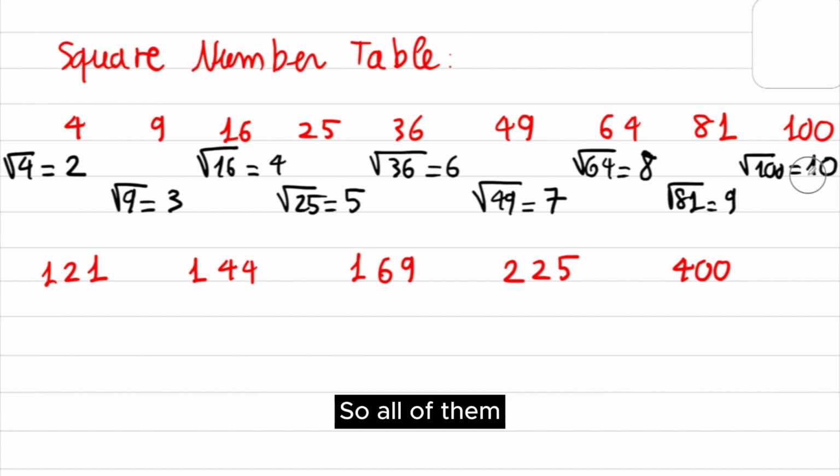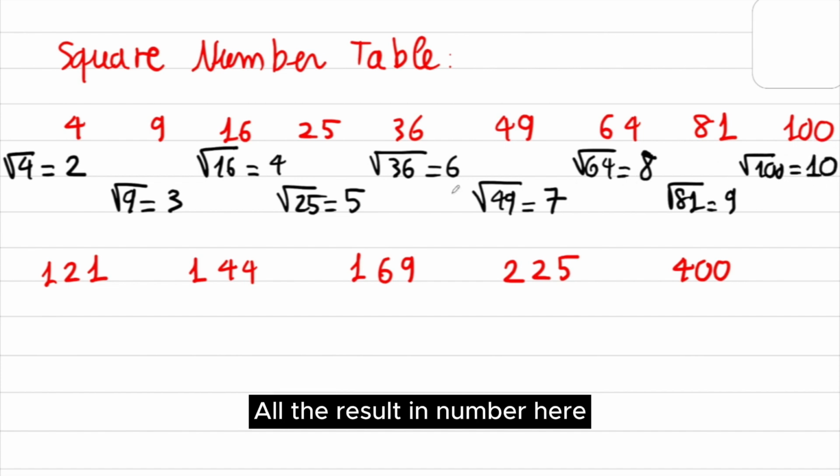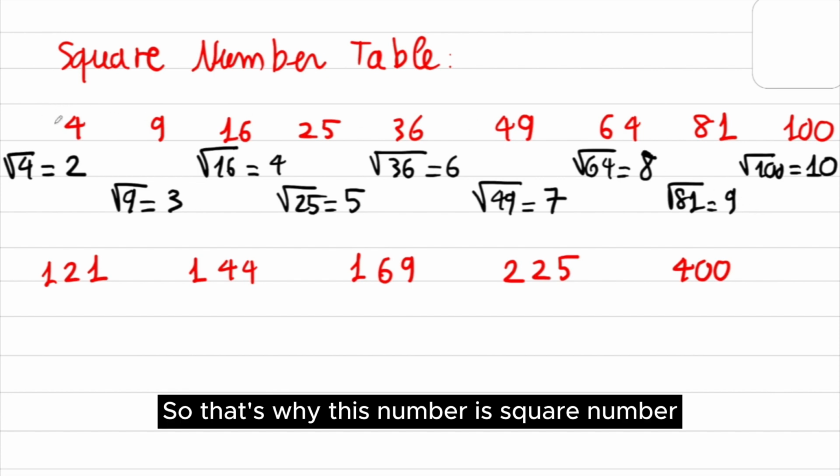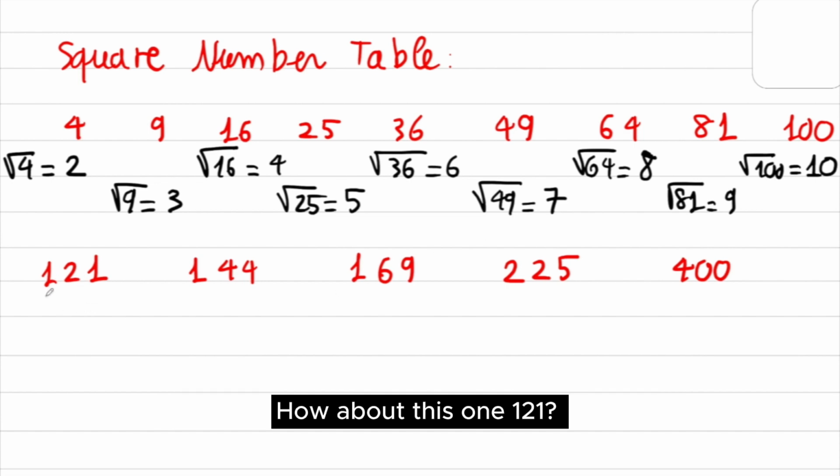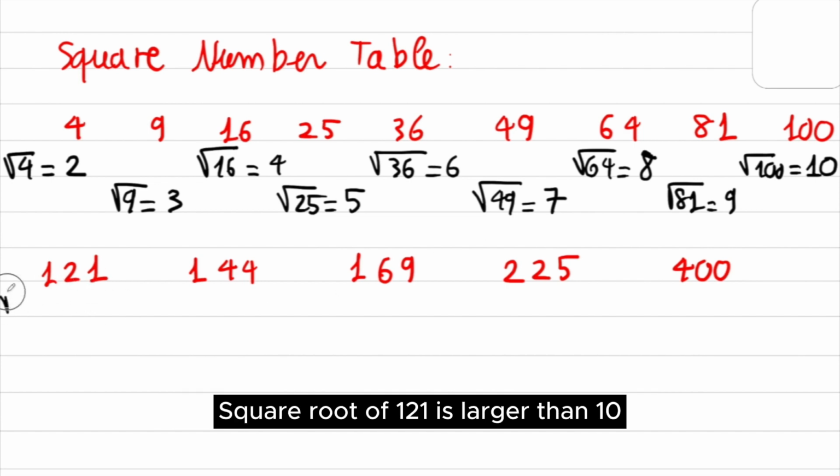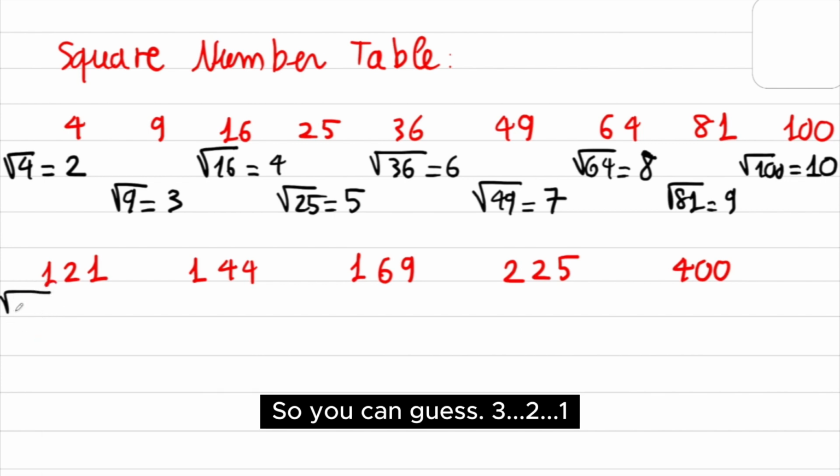You get 10. So all the resultant numbers here are integers, and that's why these are square numbers. How about this one, 121? The square root of 121 is larger than 10, so you can guess, 3, 2, 1.